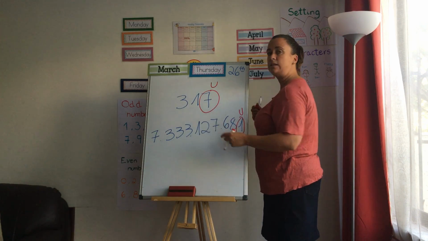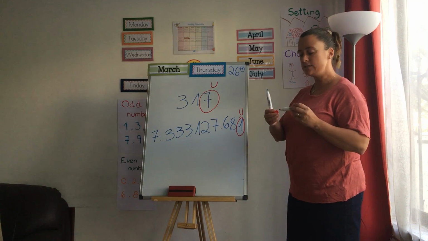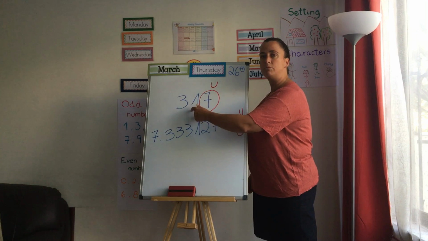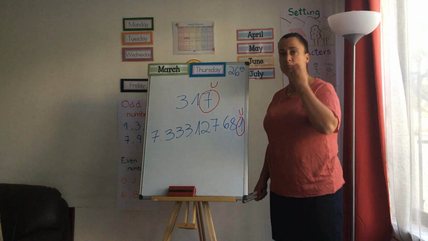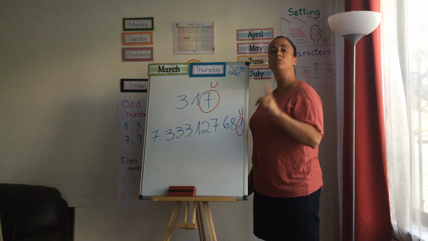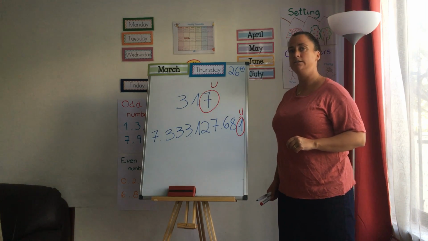This guy in the units place tells me, no matter if the number is a small number or a very huge number, if it's an even number or an odd number. Yeah?